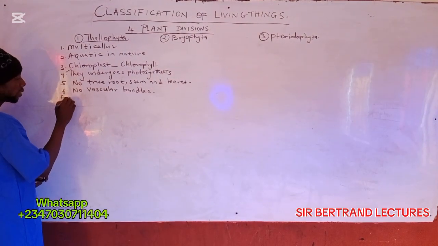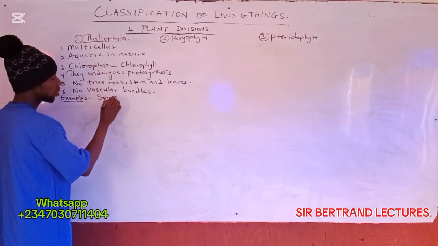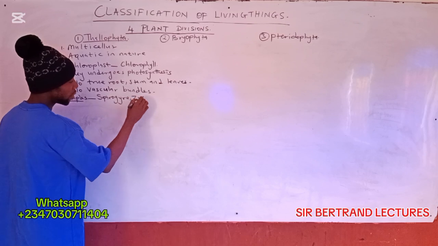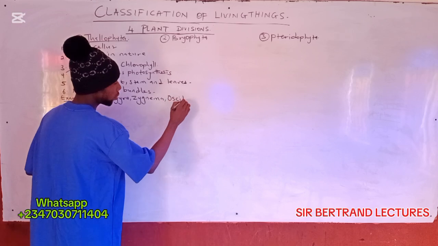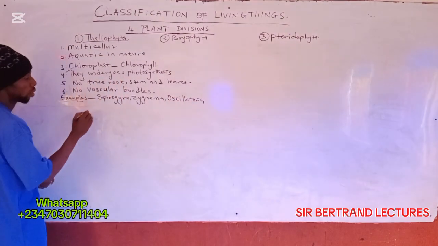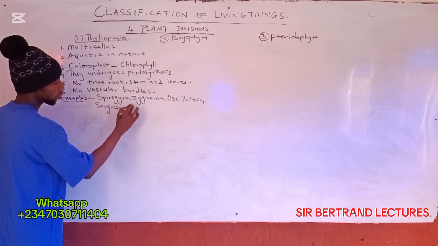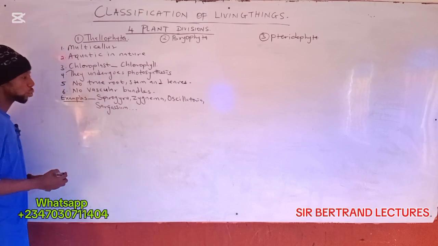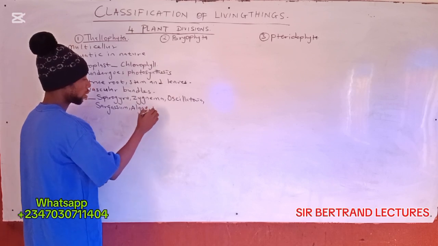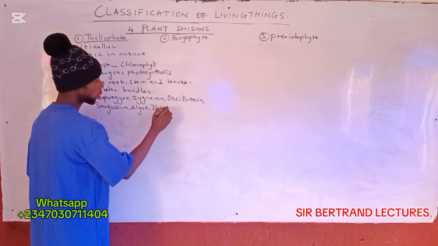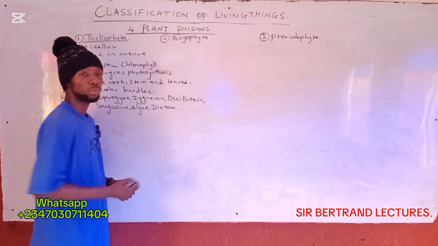Examples of this division are Spirogyra, Zygnema, Oscillatoria, Sargassum, and so on, algae, diatoms, and some others.